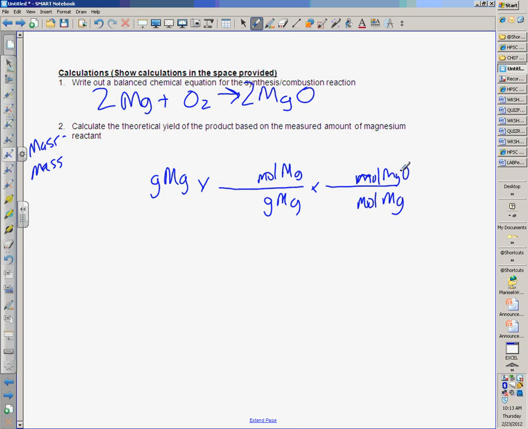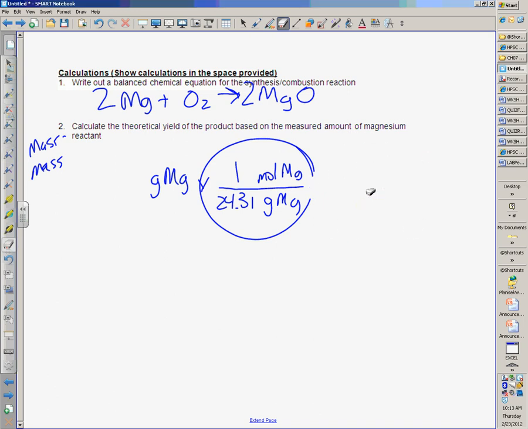So on the denominator for the grams of magnesium, that would be what it is on the periodic table. For this first conversion factor, Kennedy, like you said, this is always going to be 1 mole, and then this is going to be the number from the periodic table. This one happens to be 24.31. Then for the next one, I'm going to get moles of magnesium on the bottom, moles of magnesium oxide on the top.